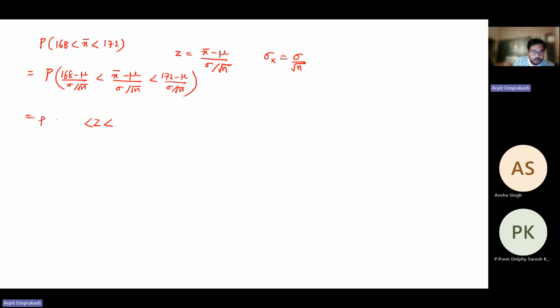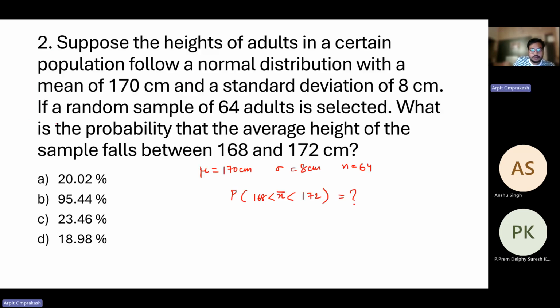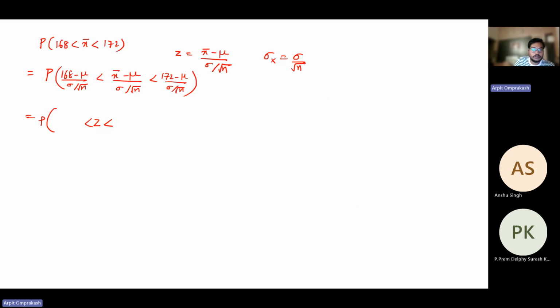I will input all the values that we have. So the mean is 170 and sigma is 8 and n is 64. So 168 minus 170 divided by 8 by root of 64. Again, 172 minus 170 divided by 8 by root of 64.